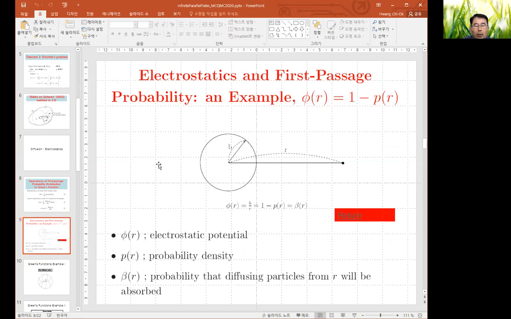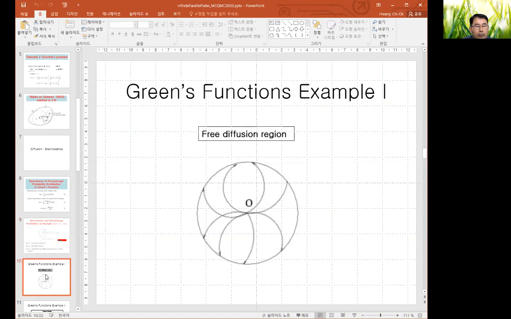And also, we can scale the potential. So we can see the correspondence between the electrostatic potential and the first passage probability phi of r.